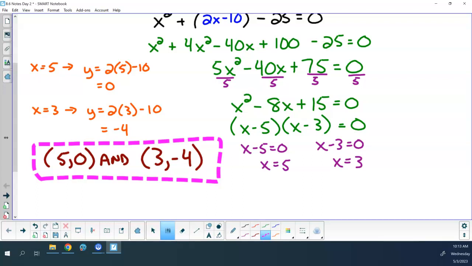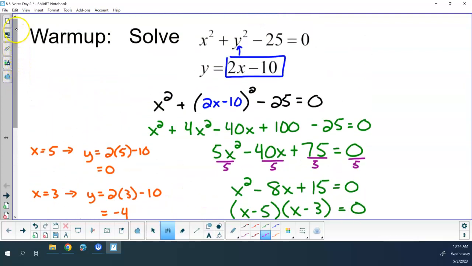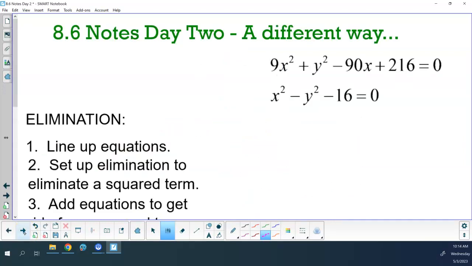Okay? Questions, comments, concerns? Okay. So we focused on Monday on doing these type of conic versus line problems, and we can solve that with substitution. The other style of problem is conic versus conic.